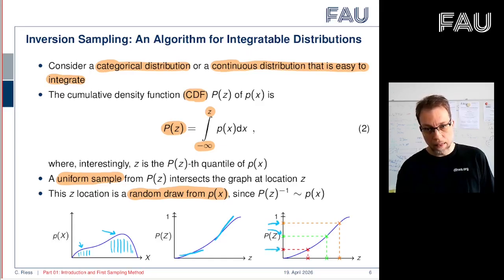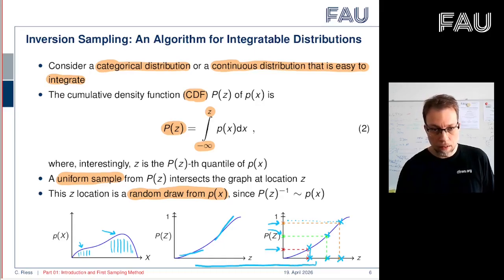Let's check where it intersects this cumulative density function. And let's have a look at the x-axis here. Here, here, and here. These are the actual draws from the original distribution that we had here.